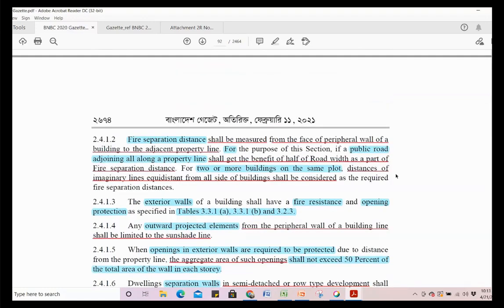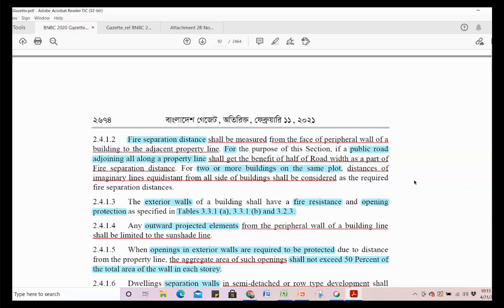But there are other criteria for location, like fire separation distance. How will it be measured? It will be measured from the face of the peripheral wall of a building to the adjacent property line. So this is another guideline about the open space.